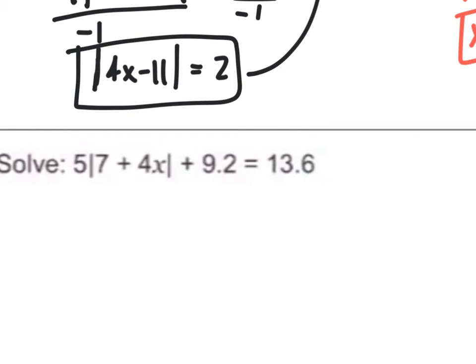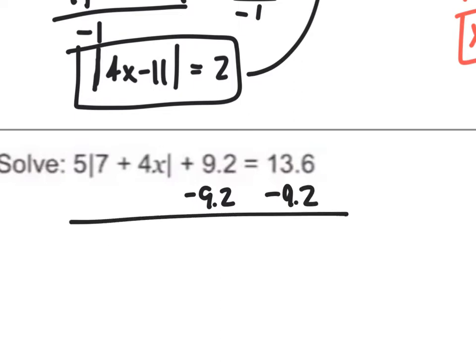Same thing: I want to isolate my absolute value symbol, so I'm going to move everything else over. The first thing I'm going to do is subtract 9.2 from both sides. So I get 5 times the absolute value of 7 plus 4x is equal to 13.6 minus 9.2, which gives me 4.4.